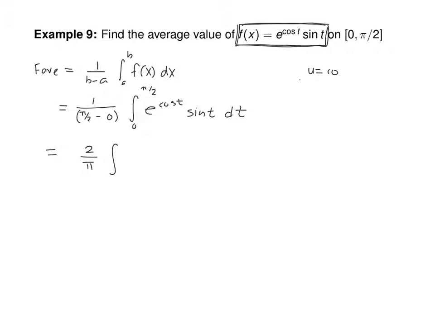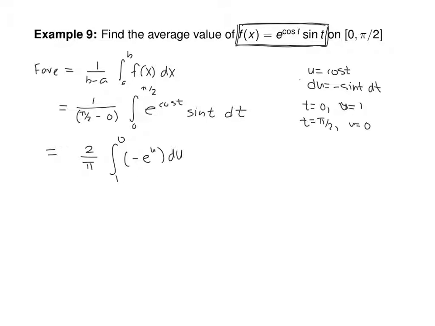Let u equal cosine t. du is negative sine t dt. If t is 0, u is 1. And if t is pi halves, u is equal to 0. So 1 to 0, negative e to the u du.